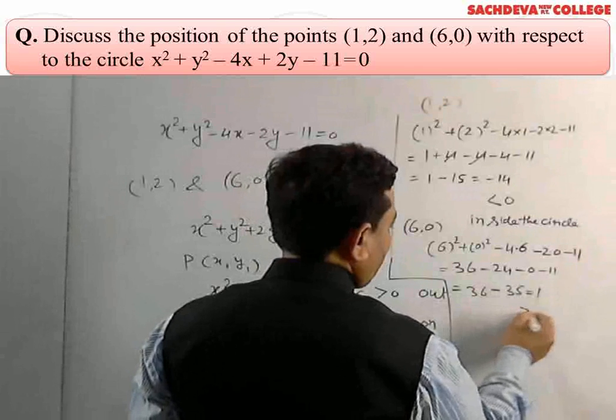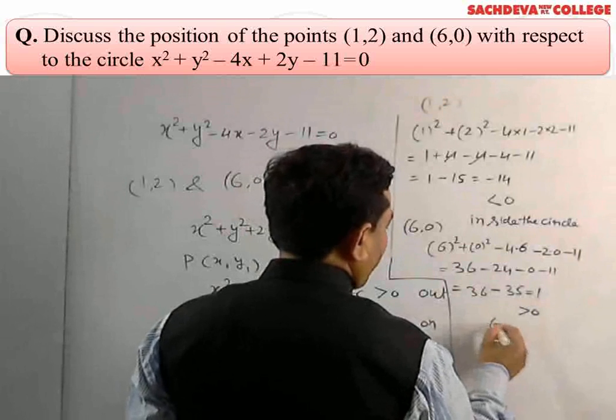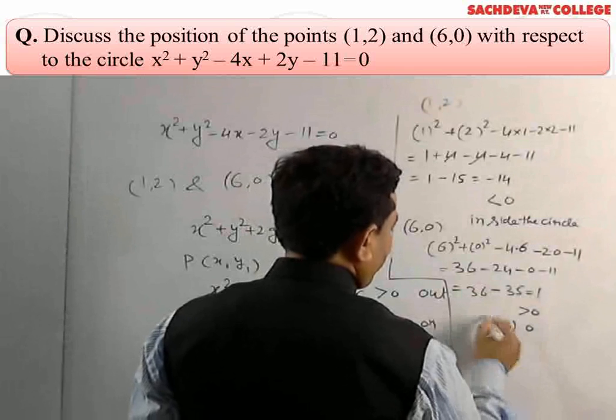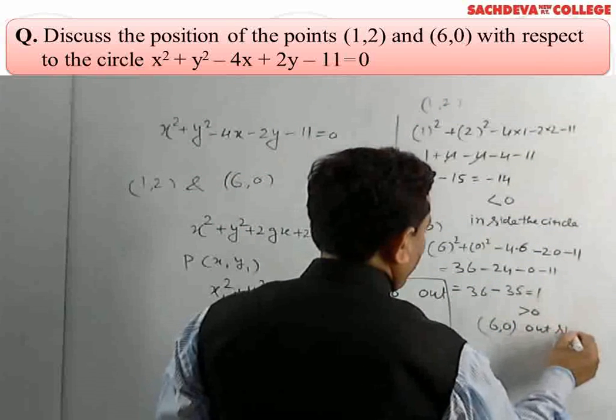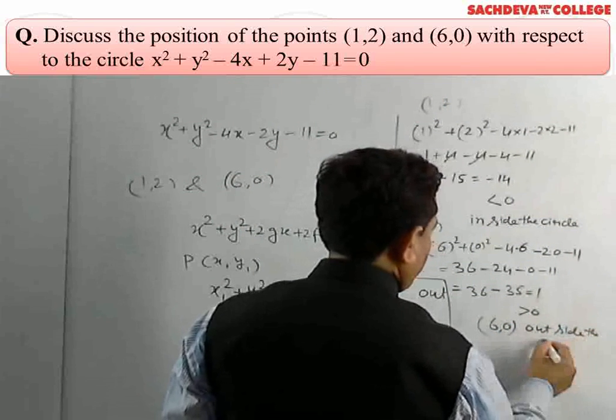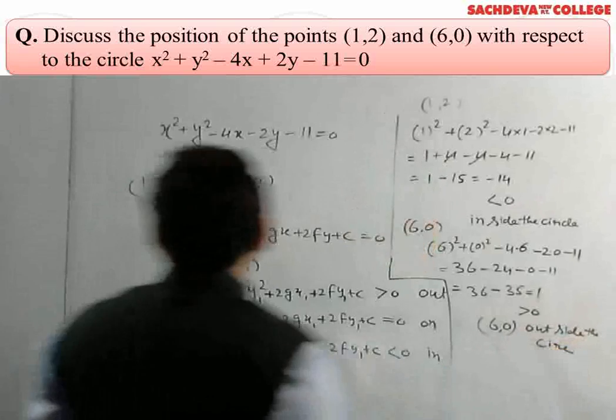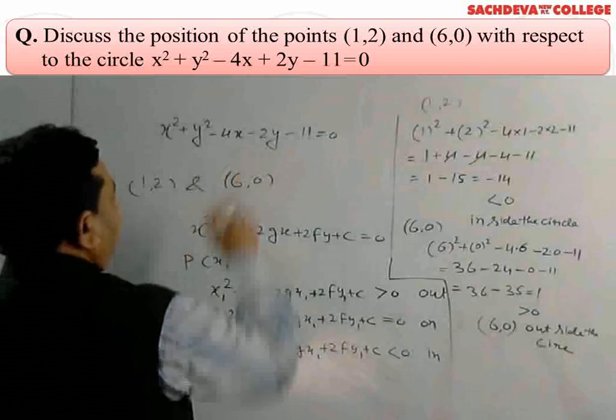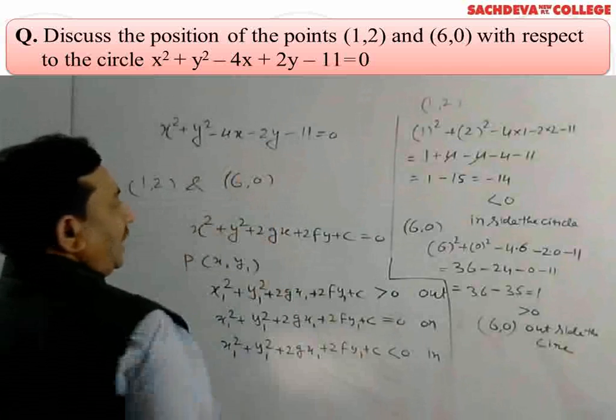This is greater than 0. It means the point (6, 0) lies outside the circle. It means point (1, 2) lies inside the circle and point (6, 0) lies outside the circle.